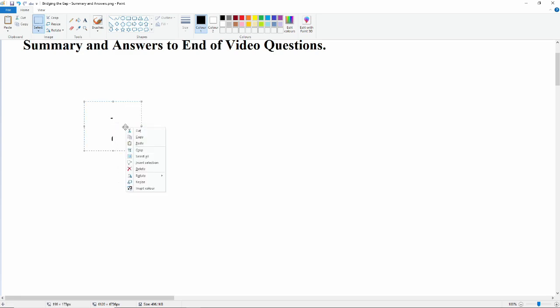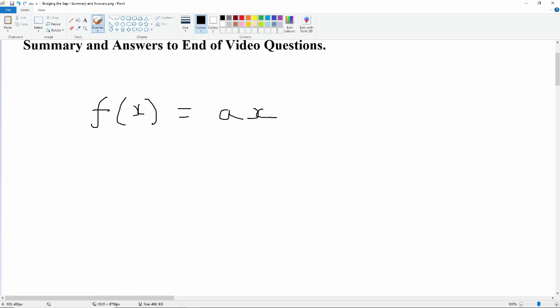We've also learned that if we have a function in the form of f of x equals ax to the power n, then the slope of that curve is anx to the power n minus 1, and that slope is the derivative.